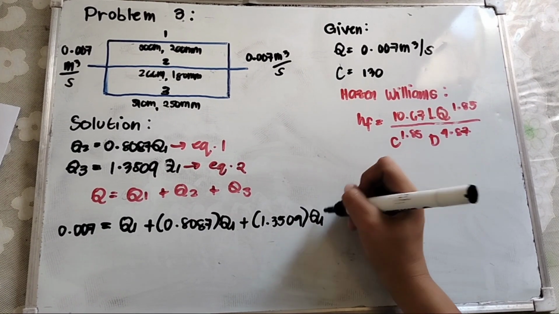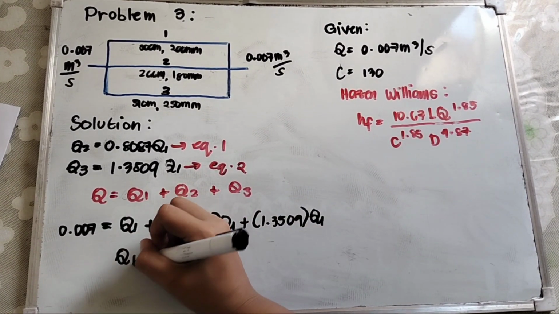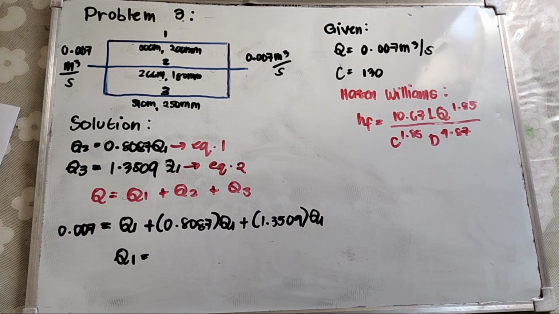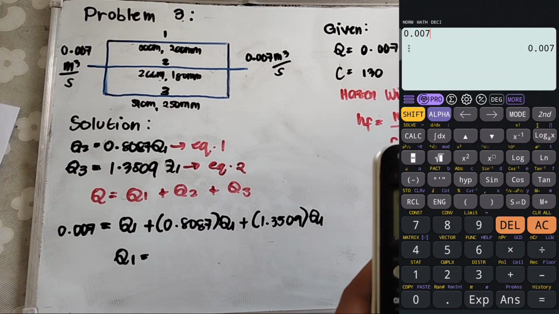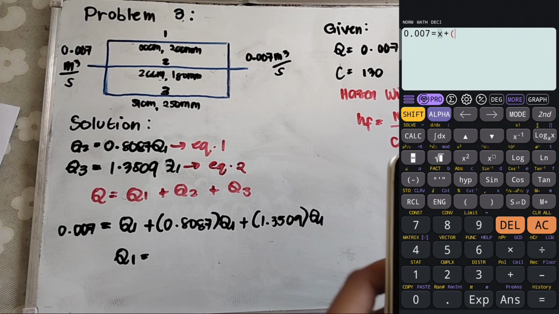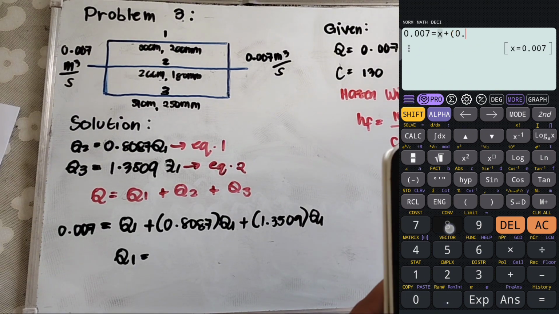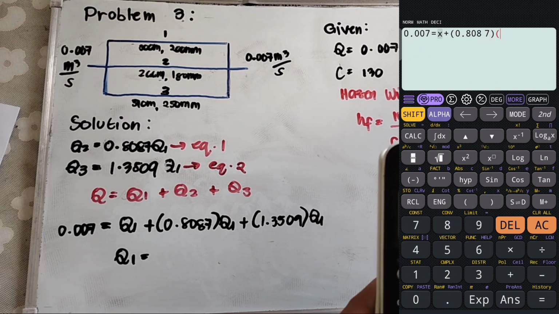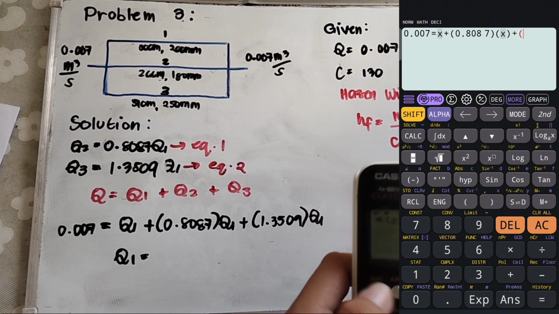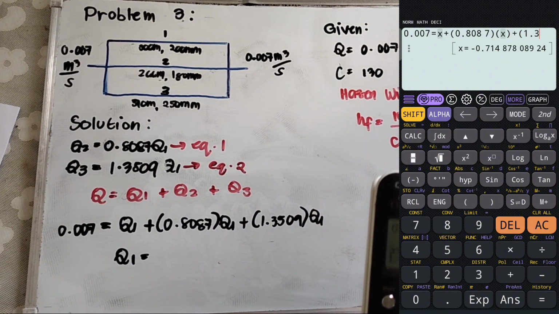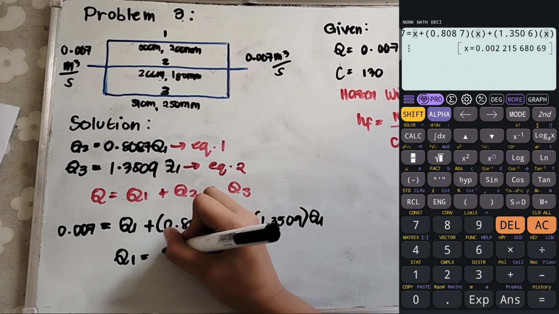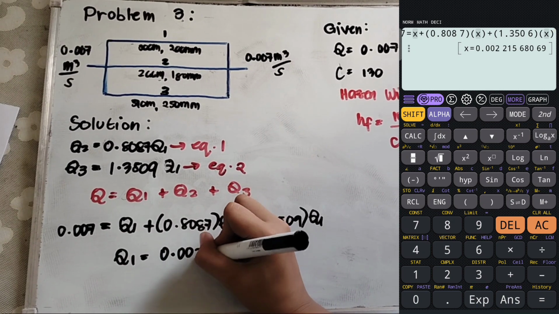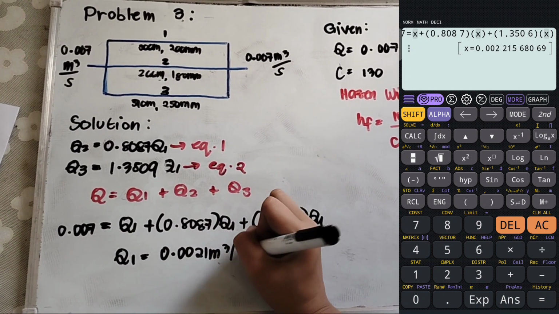In this way, we can solve for our discharge at pipe 1. So, our discharge at pipe 1 is equal to 0.0021 cubic meters per second.